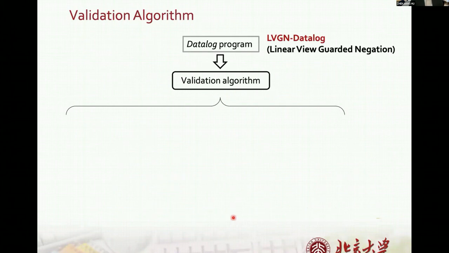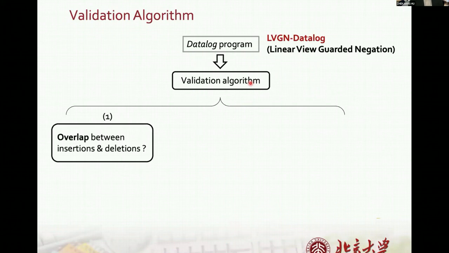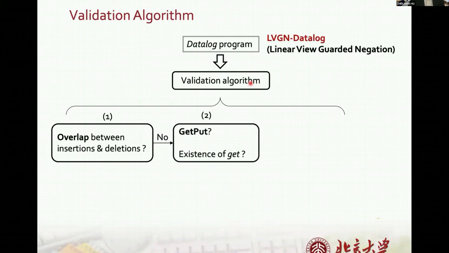Okay. So the validation algorithm basically goes from this LVGN-Datalog to validation. It first checks the overlap between insertion and deletion tables. The insertion table and deletion table you build should be disjoint, otherwise we'll not be able to say more about later things. Then we check the get put property.